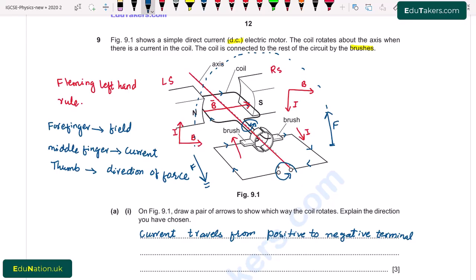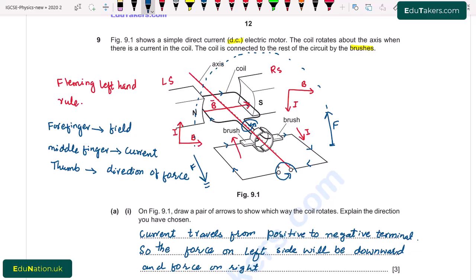And the force on left side will be in downward direction, while on right side is upward direction. That's why the coil rotates anti-clockwise.